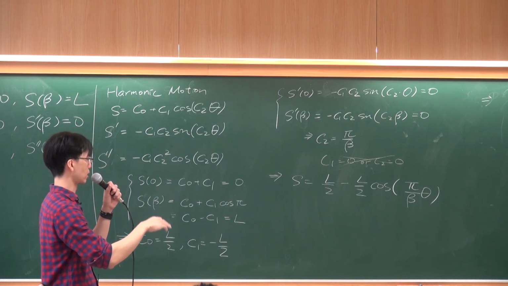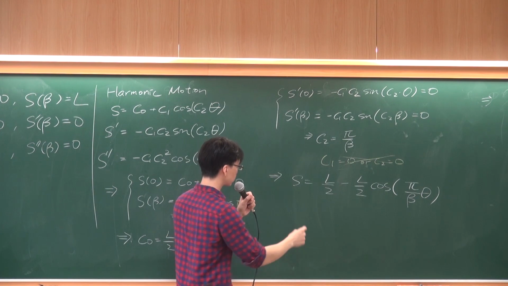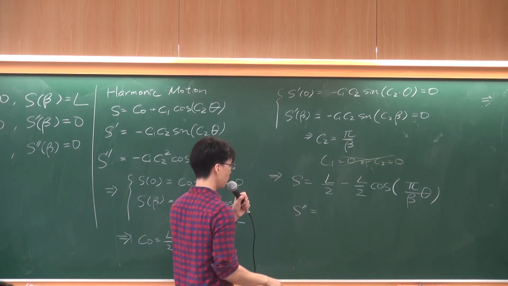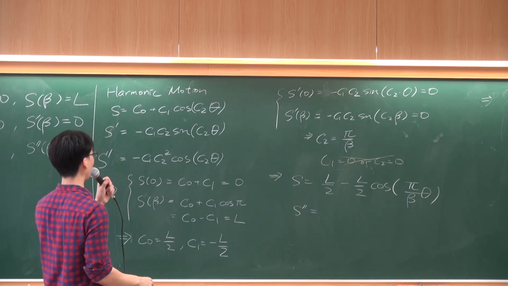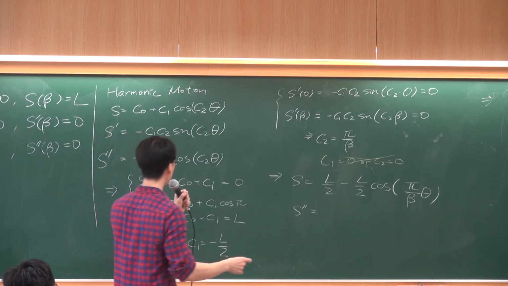So based on these four conditions, we can determine S is in this form. We now need to check if the acceleration is satisfied. Maybe we got lucky, maybe they're just satisfied.